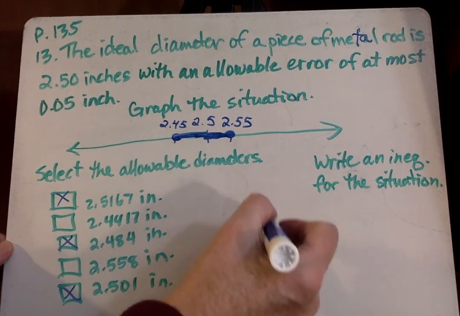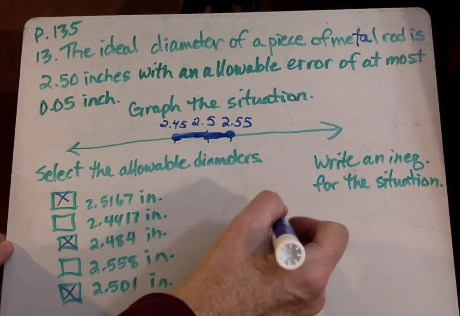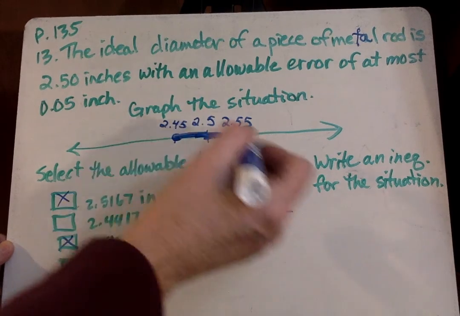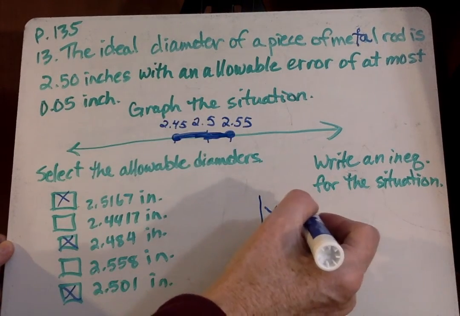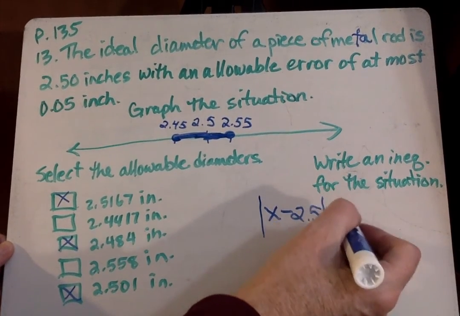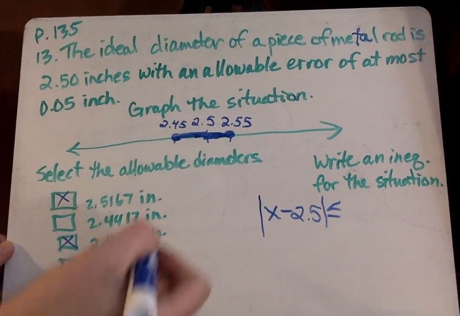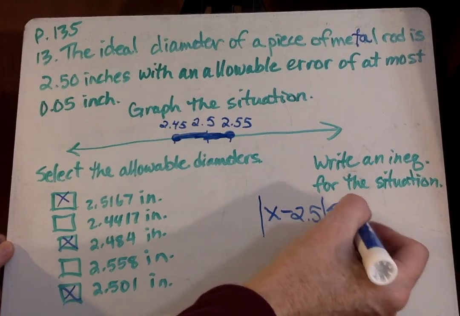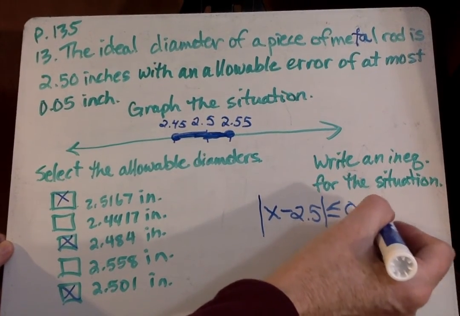Write an inequality for the situation. It's got to be your real value, which you don't know, minus your expected value, 2.5, and it's going to be less than or equal to the variation, 0.05.